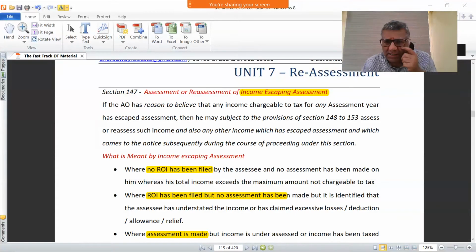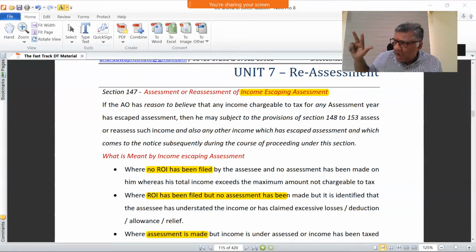So what is income escaping assessment? Close your eyes and tell: no ROI filed, but income is more than BEL, basic exemption limit. ROI is filed, but I have claimed excessive benefits or understated my income.